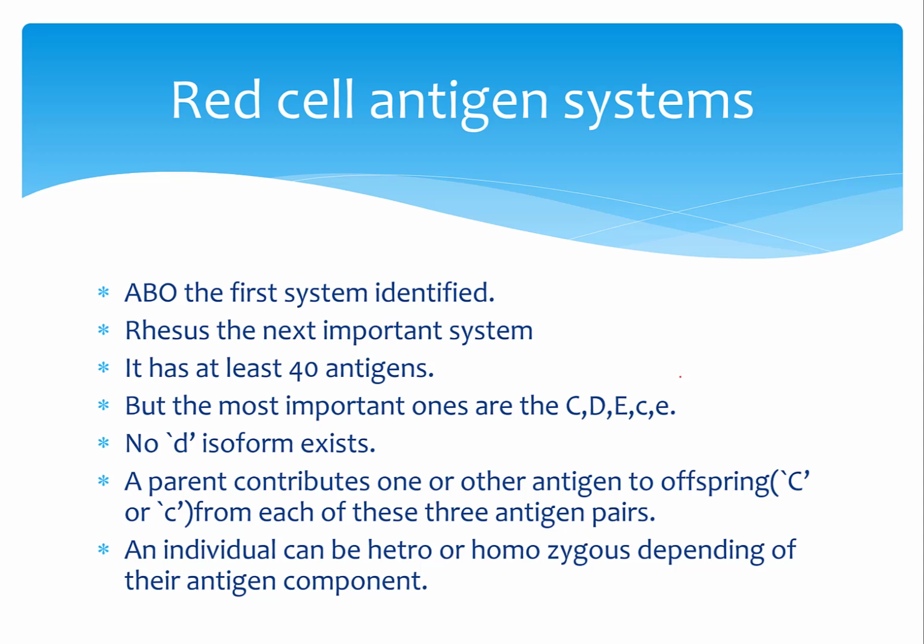But the most important ones with regard to potential for antibody genesis, or the ability to raise antibodies, are these 5: capital C, capital D, capital E, simple c and simple e. There is no isoform or subtype of D antigen which is simple d.